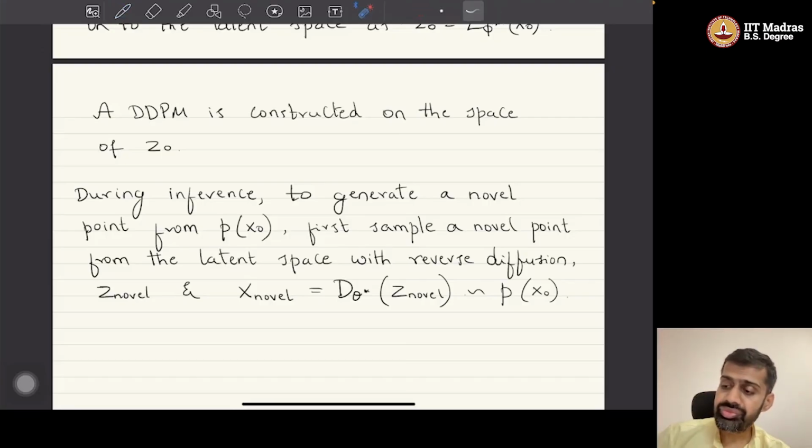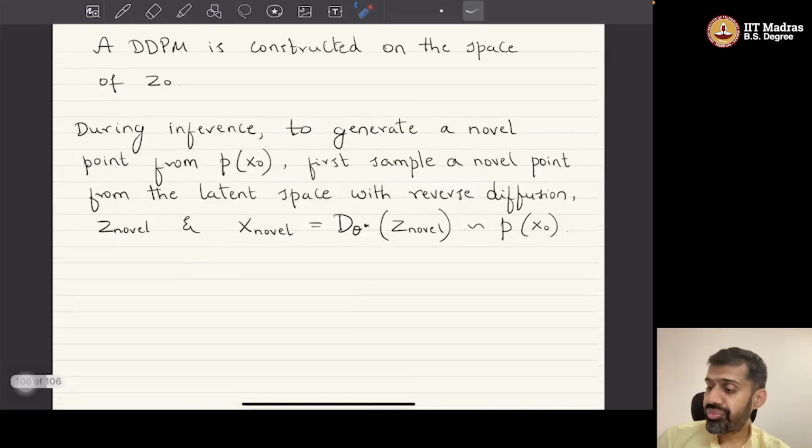Mathematically, x or z doesn't matter. It's just a random variable upon which we are constructing a Markov chain. But from an implementation perspective, latent diffusion or stable diffusion is the process where you project the data first onto the latent space of a pre-trained encoder-decoder and then build a DDPM on top of it. So that's the idea.